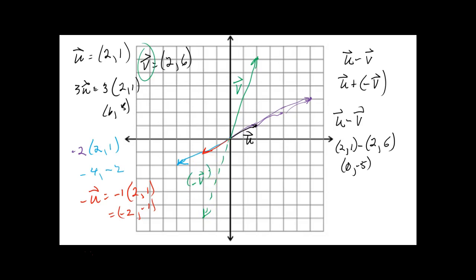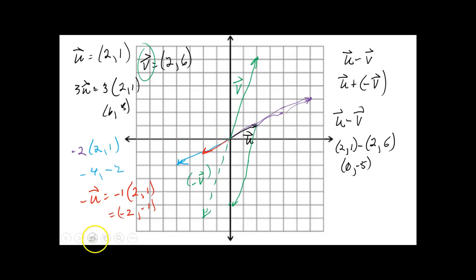And if you're adding to u negative v, that means you go down to here. That's not a very straight line, but I'm having trouble with lines today. That's u plus negative v, and here would be the sum.